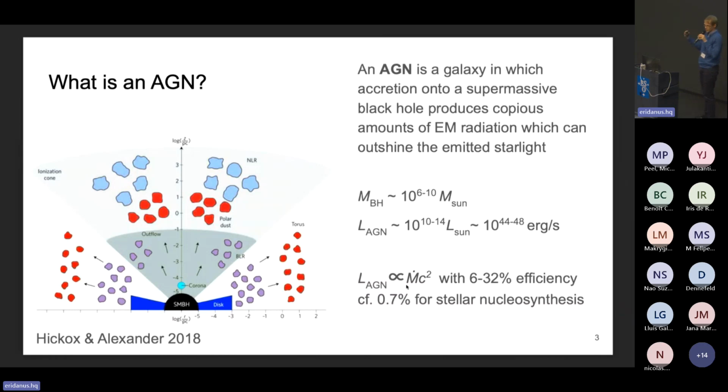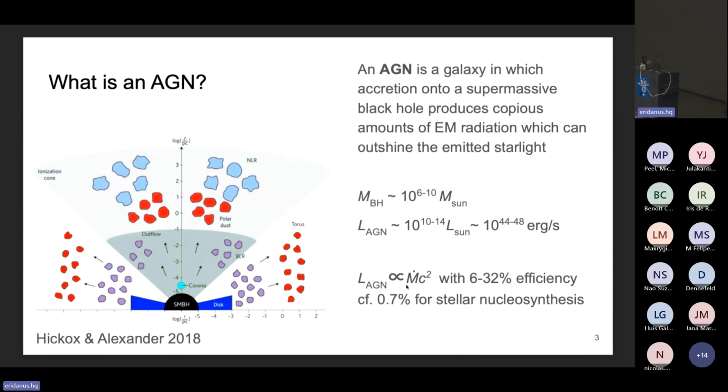And as material falls on through the gravitational potential, it can liberate a large amount of energy. And I think it's always fun to remember that gravity is something like 10 times more efficient at liberating energy than stellar nucleosynthesis. So if you take all the matter in the center of the sun that's generating luminosity by turning hydrogen into helium and instead drop it into a black hole, you'll get 10 times as much energy out of it.